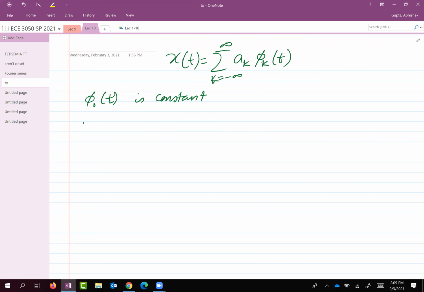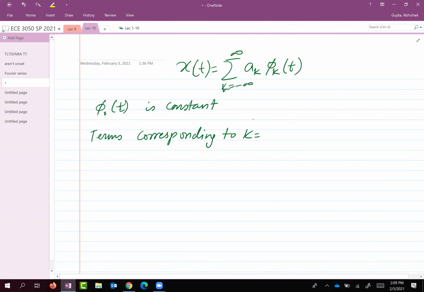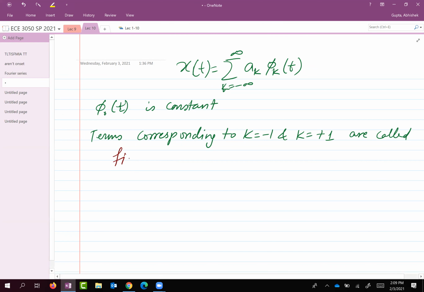Now the terms corresponding to k equals minus 1 and k equals plus 1 are called first harmonic components.